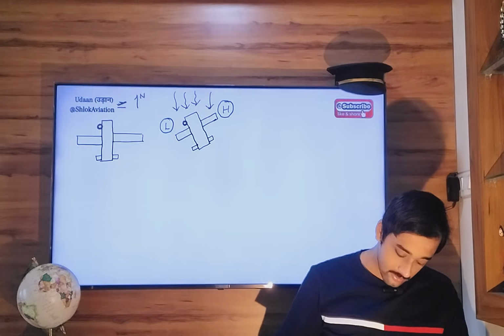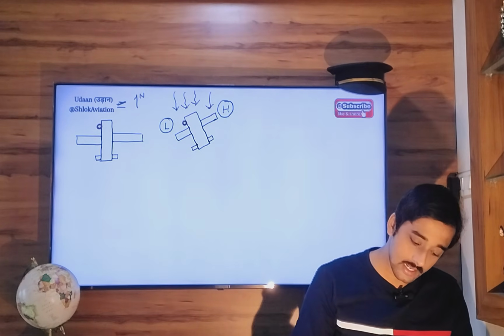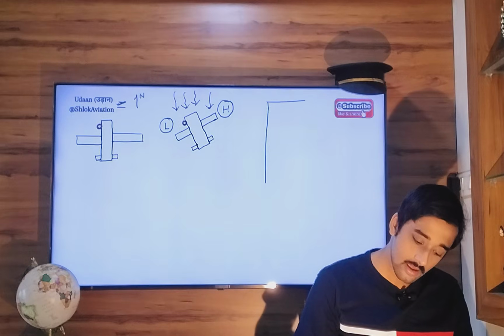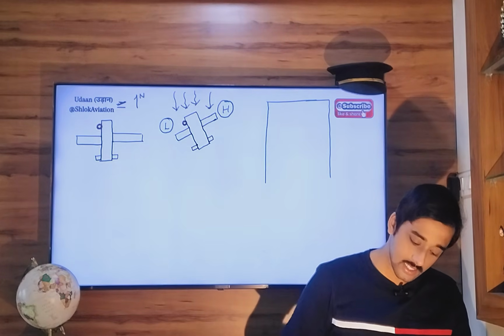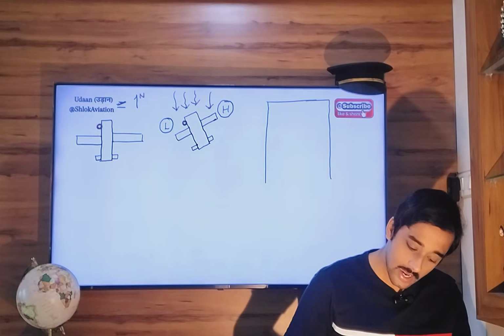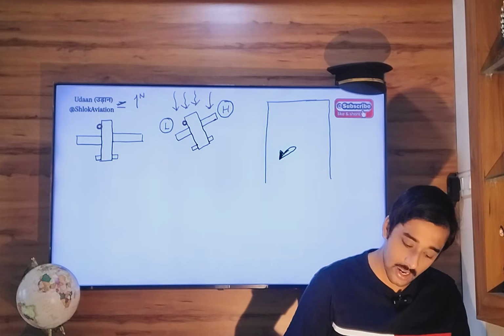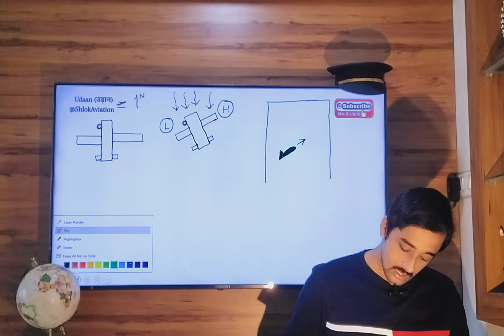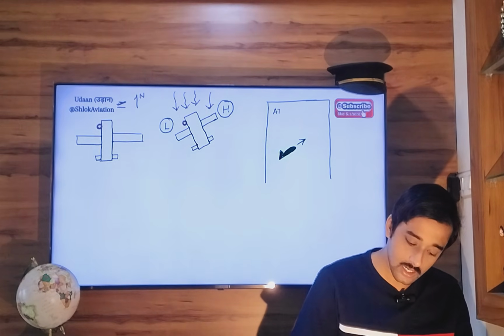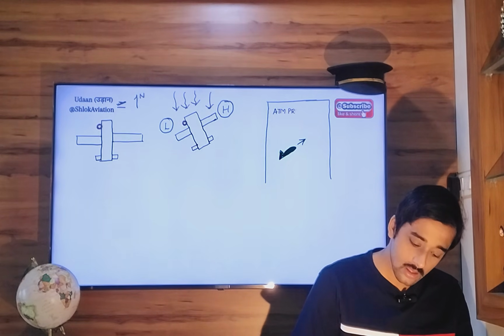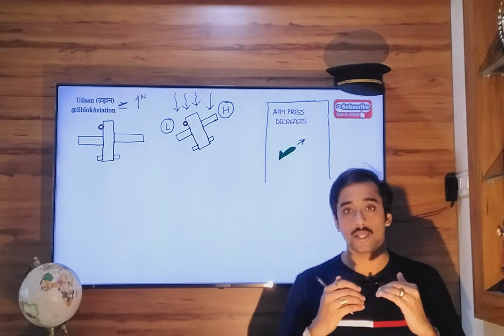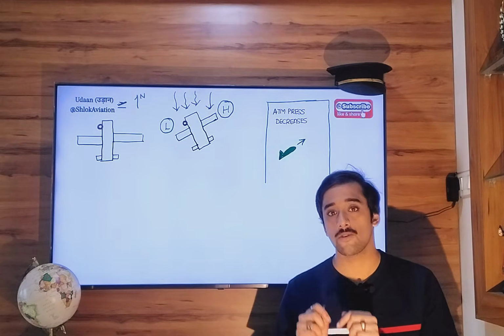So we all know that when an aircraft climbs in an atmospheric layer to higher altitudes, what happens? When you climb to higher altitudes, the atmospheric pressure decreases, which means a decrease in atmospheric pressure is translated into some new information.